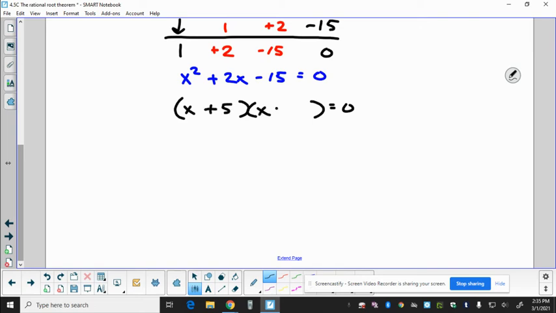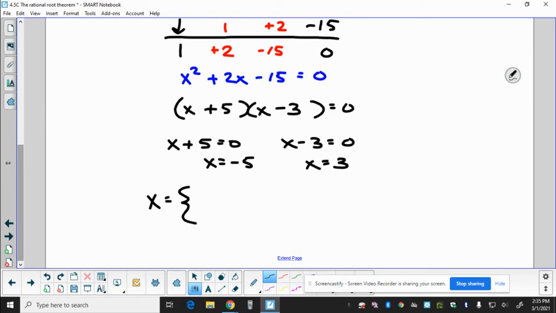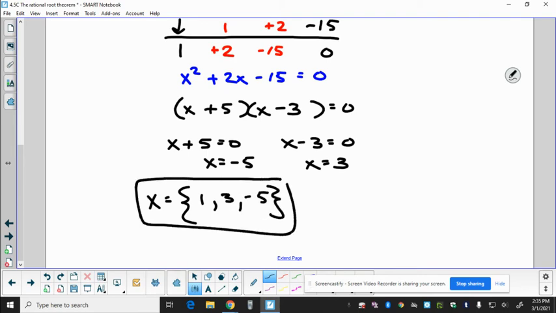Thinking 5 times -3 will work out well. -5 is another answer, and so is 3. So if I write this in solution set notation, knowing the first one I tried was 1, it'd be 1, 3, and -5. Those are the 3 answers.